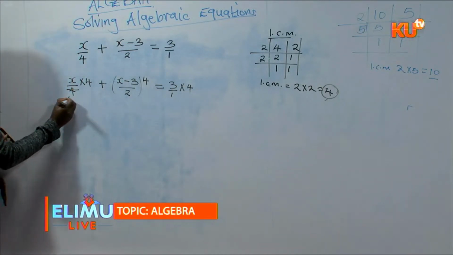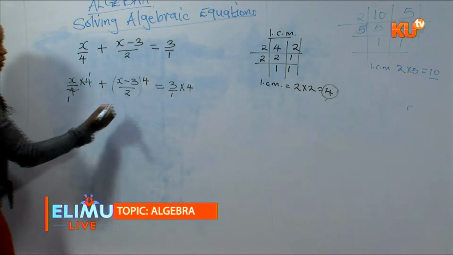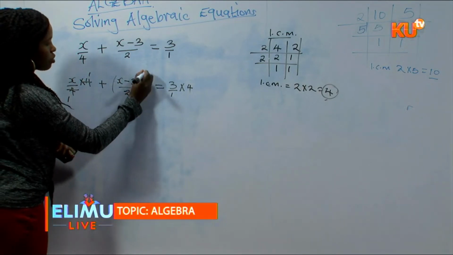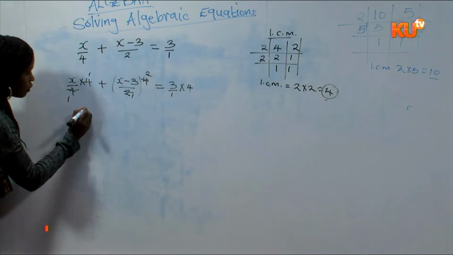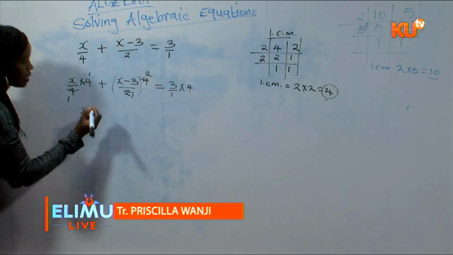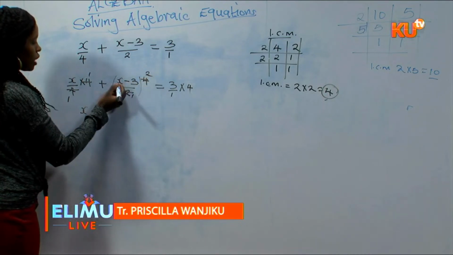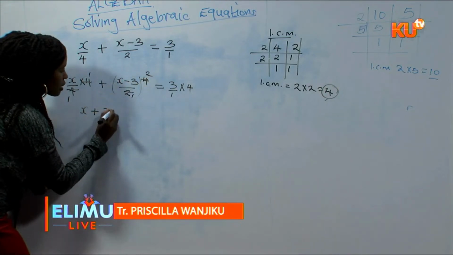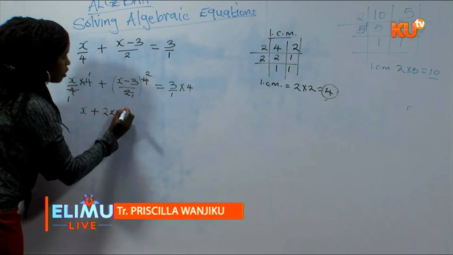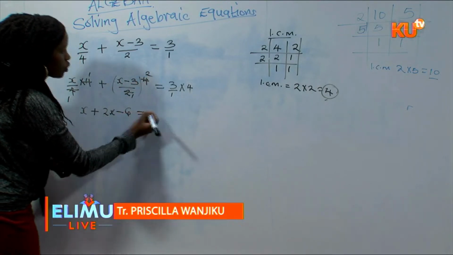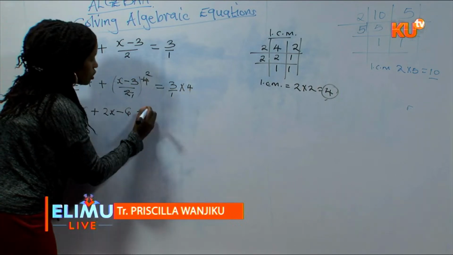By 4, 1. By 4, 1. By 2, 1. By 2, 2. X times 1, we get x, plus 2 times x, we get 2x. The sign is minus. 2 times 3, we get 6, is equal to 3 times 4, which is 12.